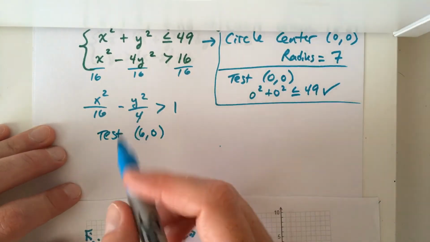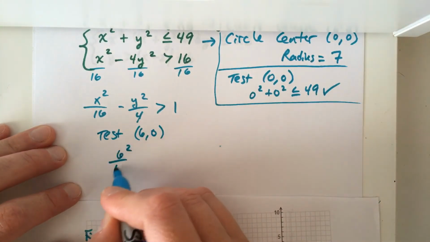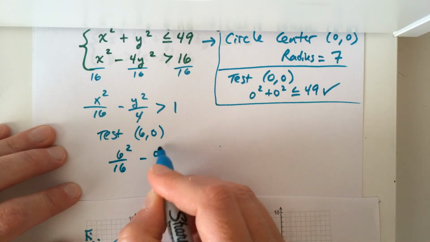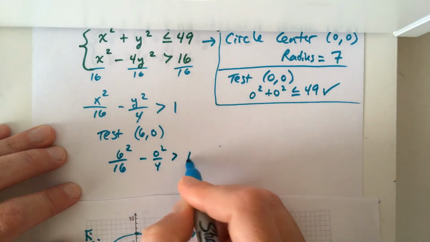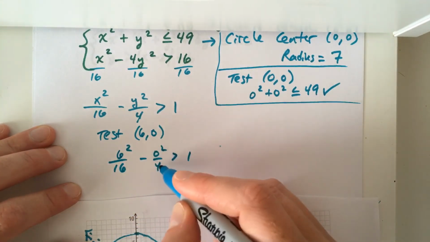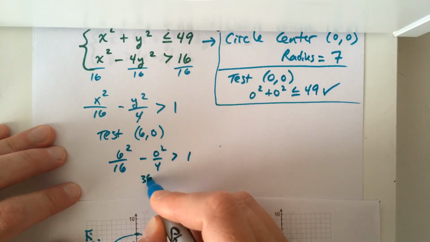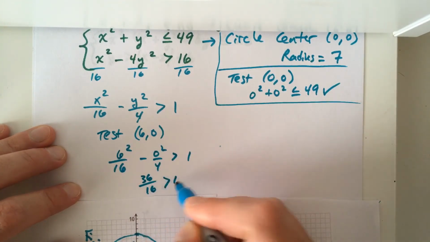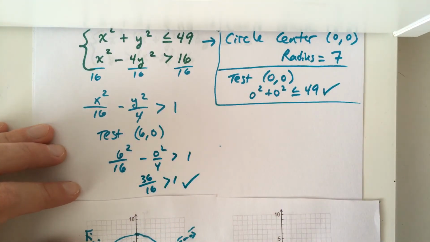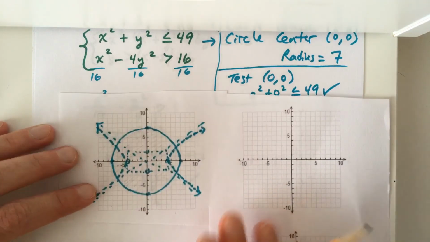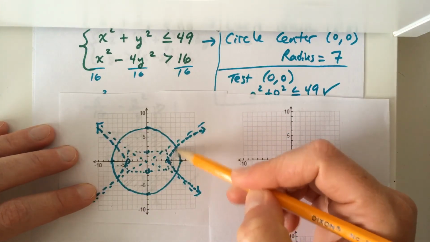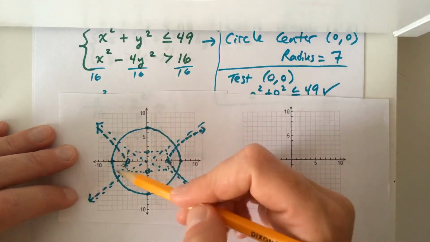If we plug that in, we get 6 squared over 16 minus 0 squared over 4. Is that greater than 1? Well, this term becomes 0. 6 squared is 36. 36 divided by 16, is that greater than 1? Yes. So if it was just the hyperbola, this would be part of the solution region outside here.